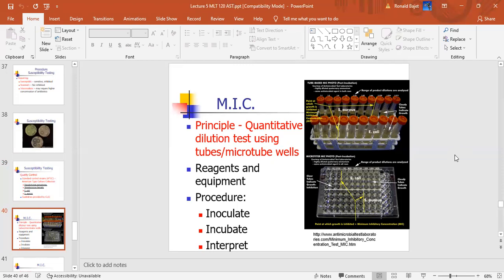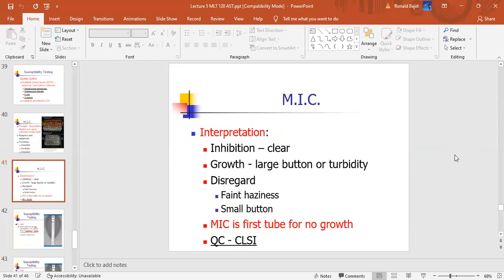The machine will aliquot the organism suspension into the wells. Then you incubate it overnight, and you don't have to visually measure growth or no growth. The instrument will do that colorimetrically, or measure turbidity, and then determine your MIC. So that's the automated method: inoculate, incubate, and interpret. It's really easy when you have an automated instrument doing it for you.